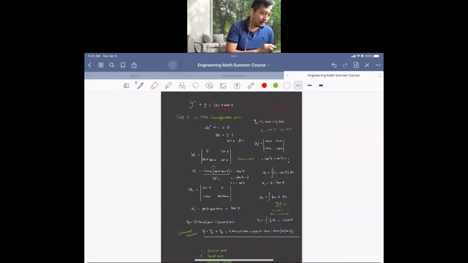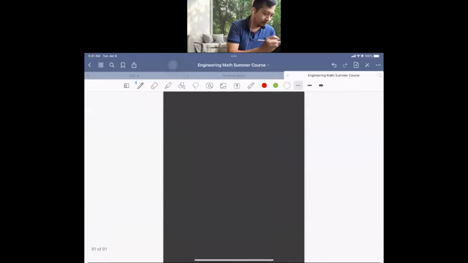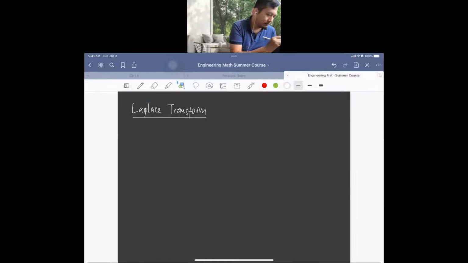Okay. I think we can move to Laplace transformation. So the idea, let me give you just the summary for why Laplace is important.